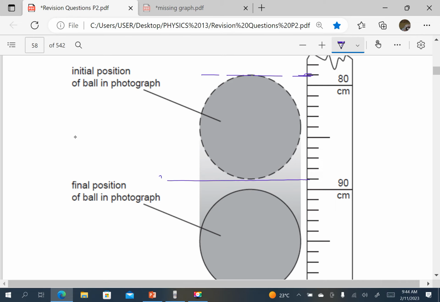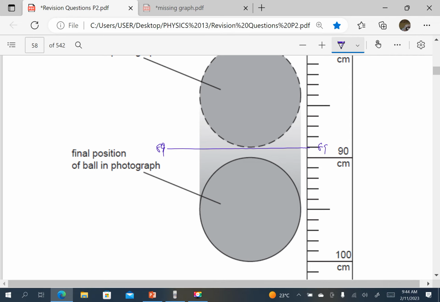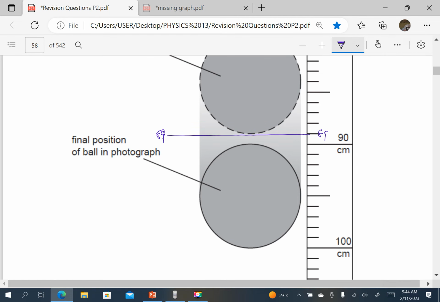This is 89. And this is 79, not 7.9. That is 79. This is 89. Okay, then here, the final position of the photograph at the bottom, I think at the bottom here it is at 100. That is at 100.